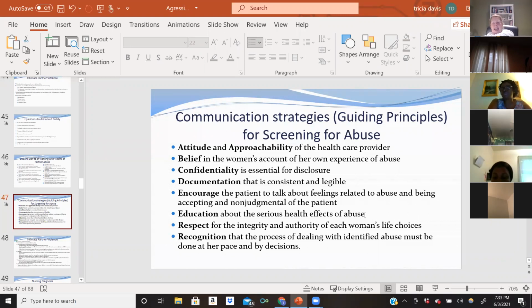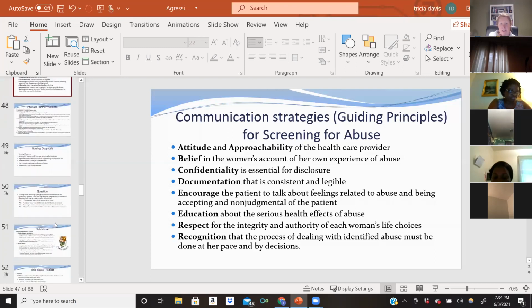So if they decide not to talk, or if they decide to go back home with the husband, we have to make sure that we don't let that change the way we think about our patient. We still need to have respect for them and their decision. And we have to recognize that the process of dealing with identified abuse must be done at that patient's pace and by their own decisions. It's not something we can force them to do.